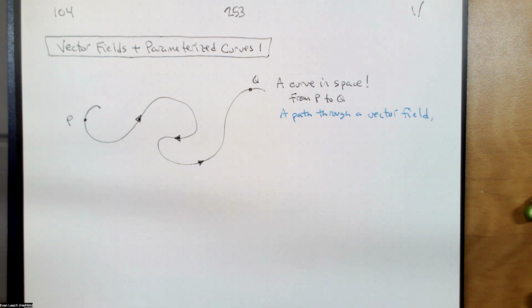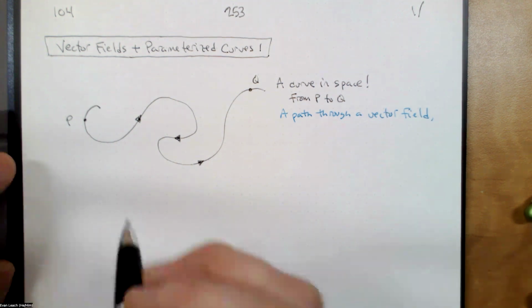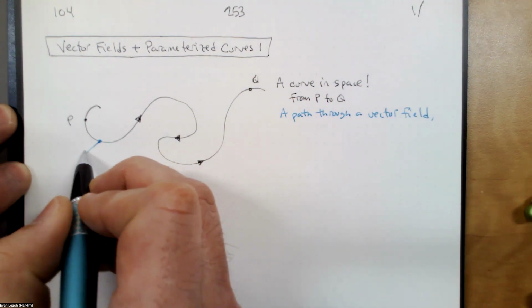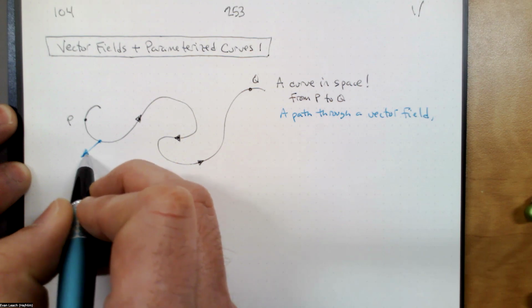So we're imagining this curve as a path through a vector field. That means at every point on this curve, there is a vector that comes from the vector field. So maybe at this point, the vector says this is the vector field.